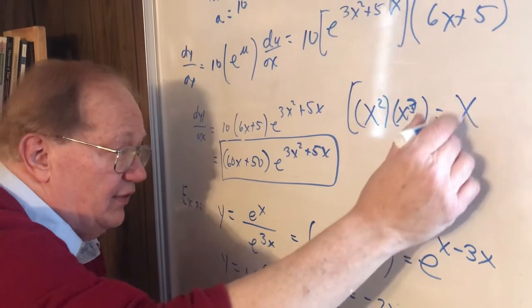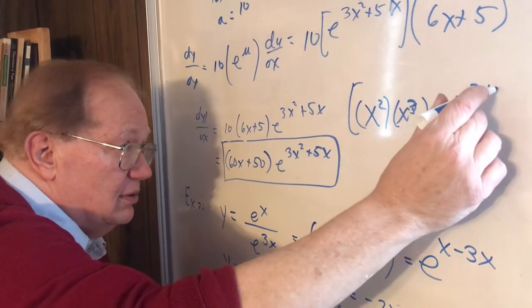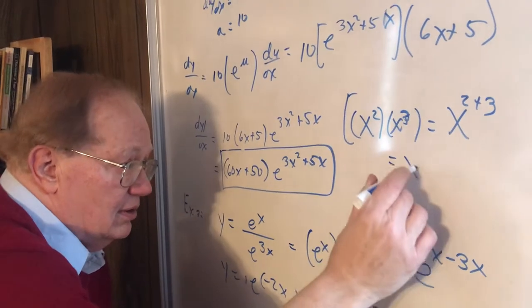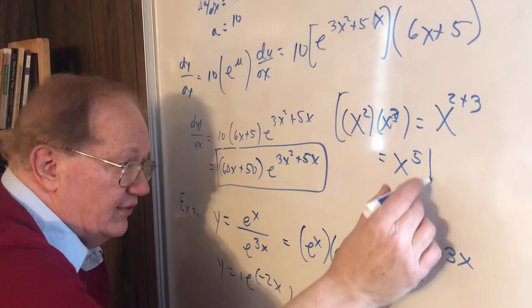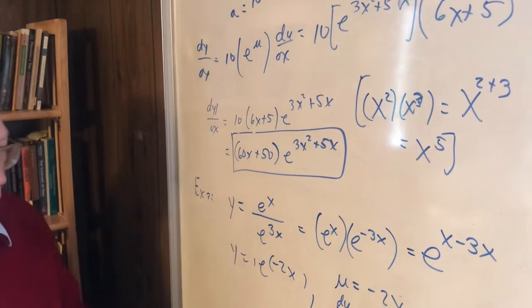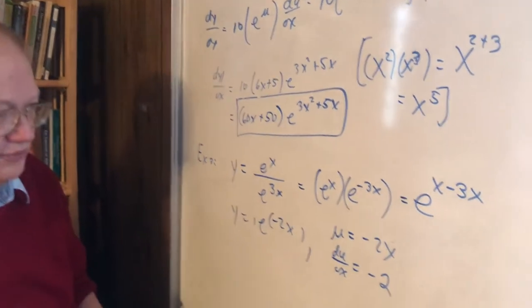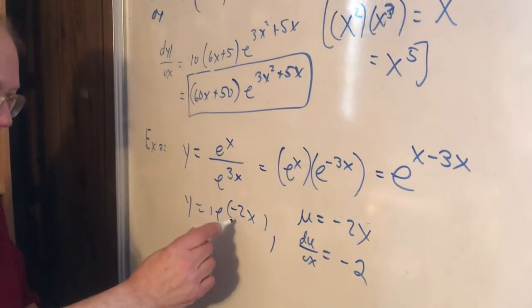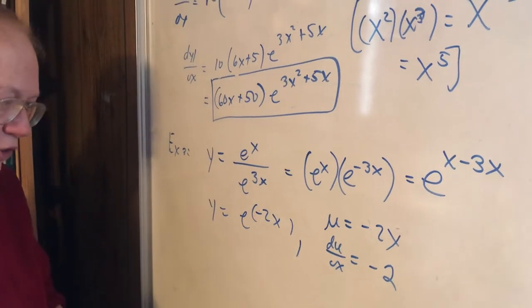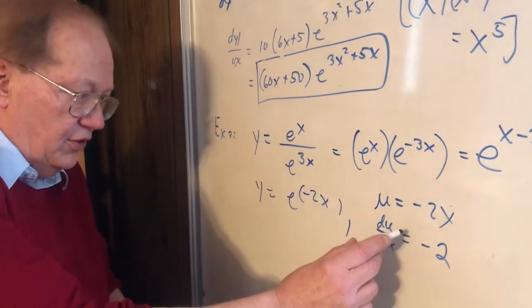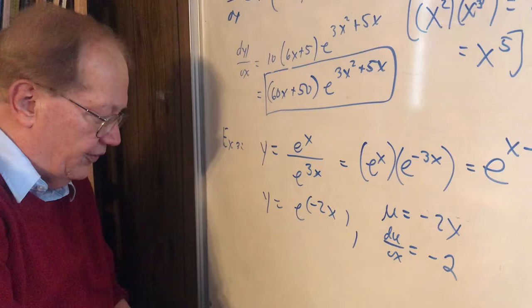That became x to the fifth. So it doesn't make any difference if I have a constant. So x minus 3x, that is minus 2x. Now I'm going to let u equal minus 2x, du dx equal minus 2.